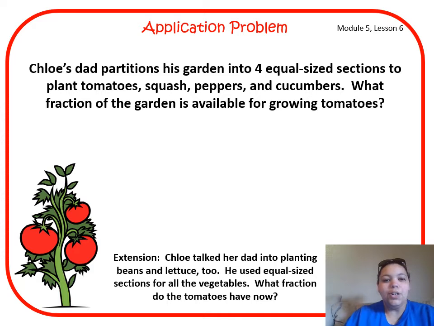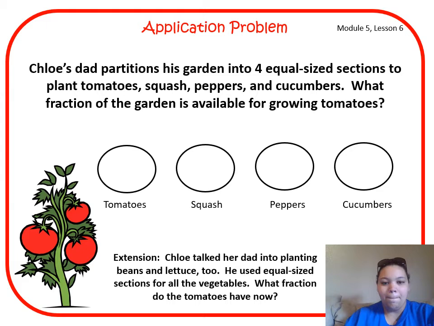All right, so let's look at our application question for today. Chloe's dad has divided his garden into 4 equal-sized sections to plant tomatoes, squash, peppers, and cucumbers. What fraction of the garden is available for growing tomatoes? So first of all, we know that great mathematicians can always draw what they're thinking. So let me draw my 4 vegetables.